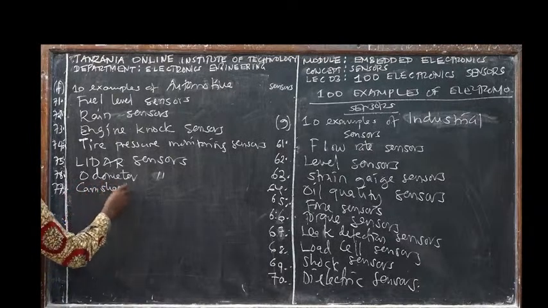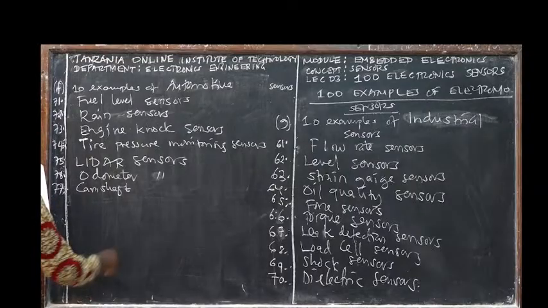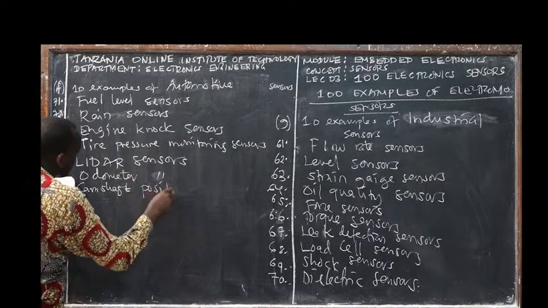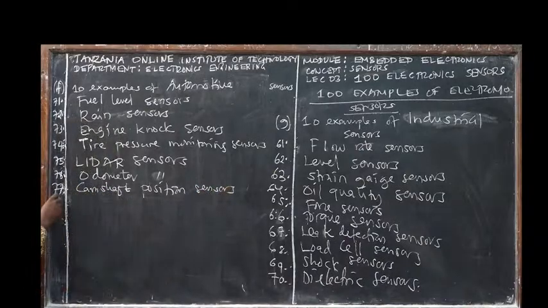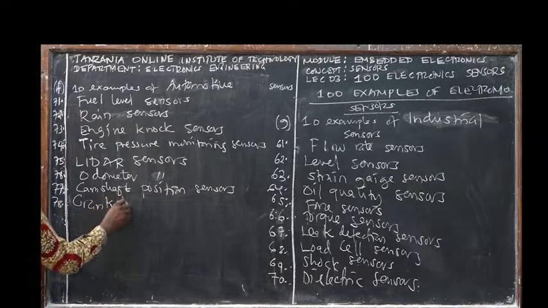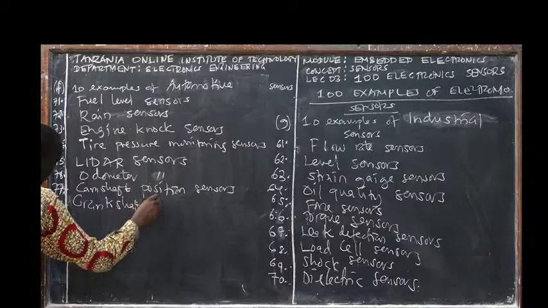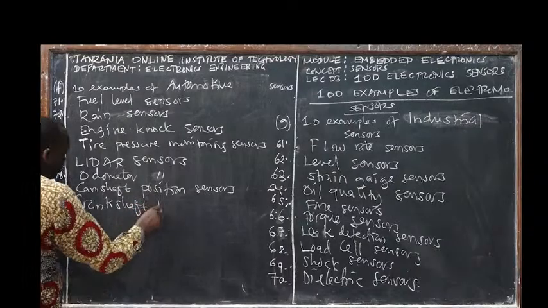Camshaft is a mechanical term. Camshaft position sensors. 78, it's called the crankshaft. These are mechanical terms. Crankshaft position sensor.